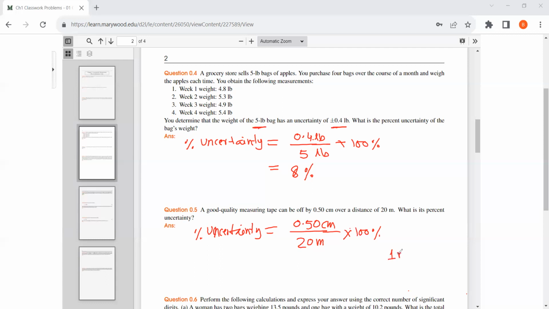In your textbook you can search for the relation between meters and centimeters. 1 meter is 10 to the power 2 centimeters, or 1 centimeter is 10 to the power minus 2 meter. So let's convert centimeters to meters.